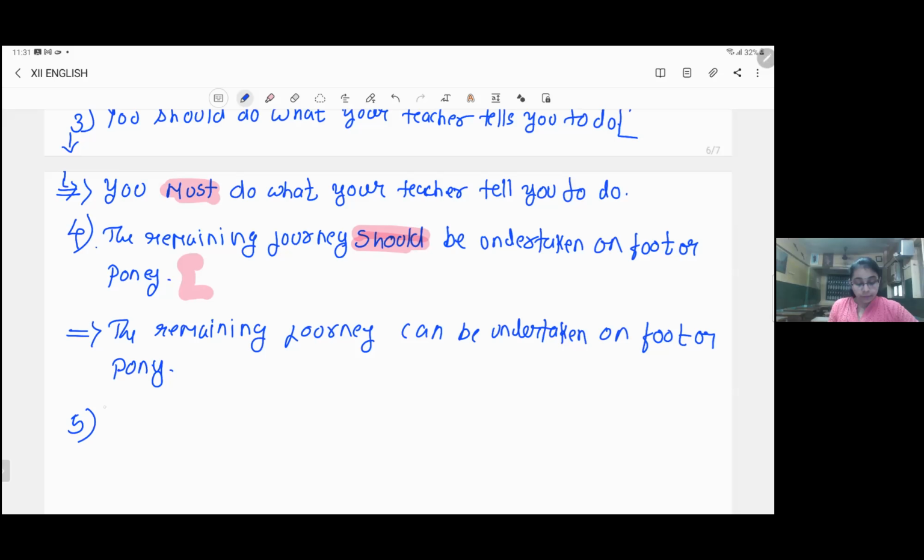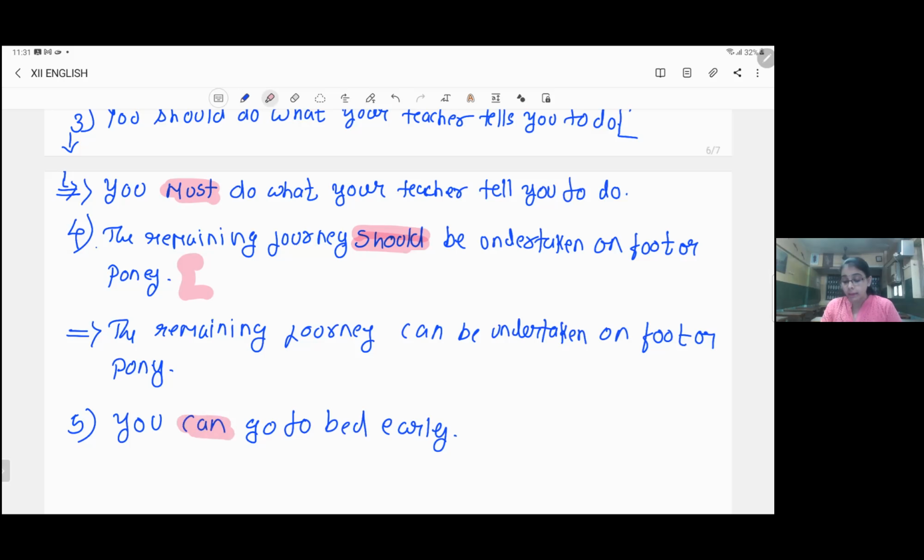Now, fifth one. You can go to bed early. What this sentence is saying, it is giving an advice because can is there here.